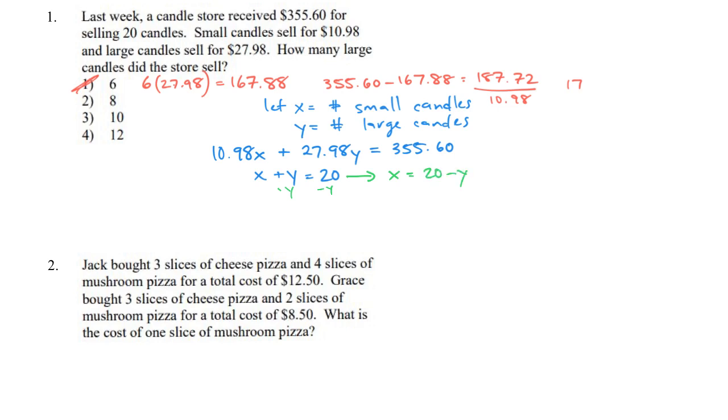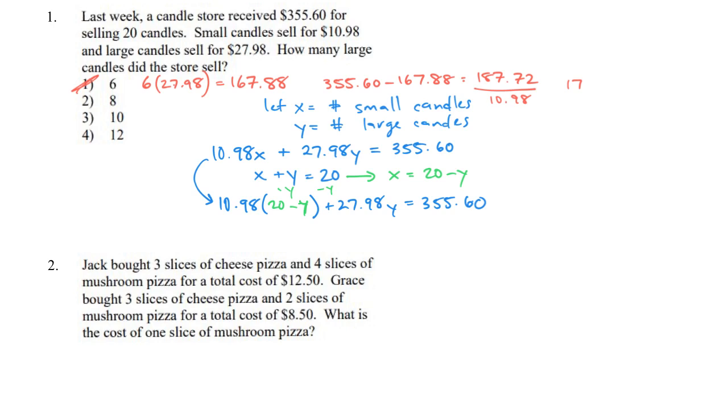Now I can go back to my original equation and substitute in 20 minus y where I see x. And now I have an equation that only has one variable in it, y, which is the number of large candles, what I'm looking for.